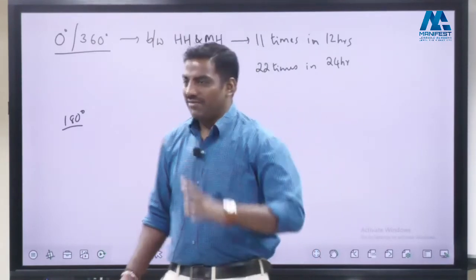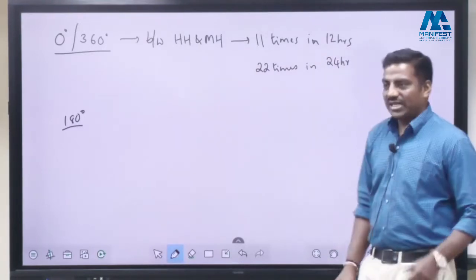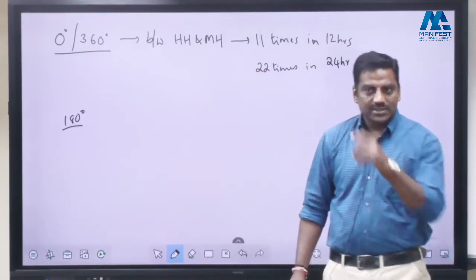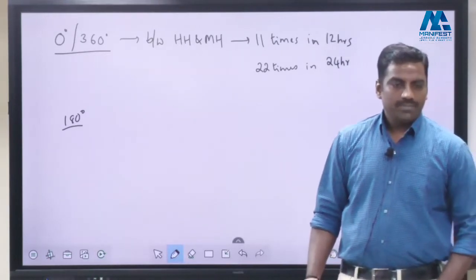So it is also 11 times. For 180 degree also you take the same fact: 11 times in 12 hours, but here the reference time is 6 to 6. Understood?